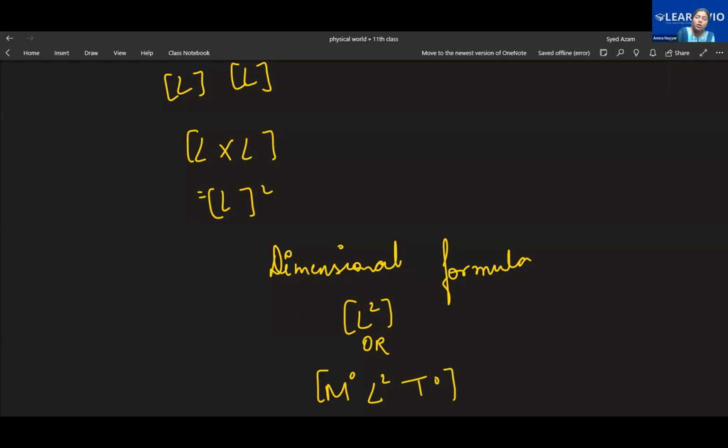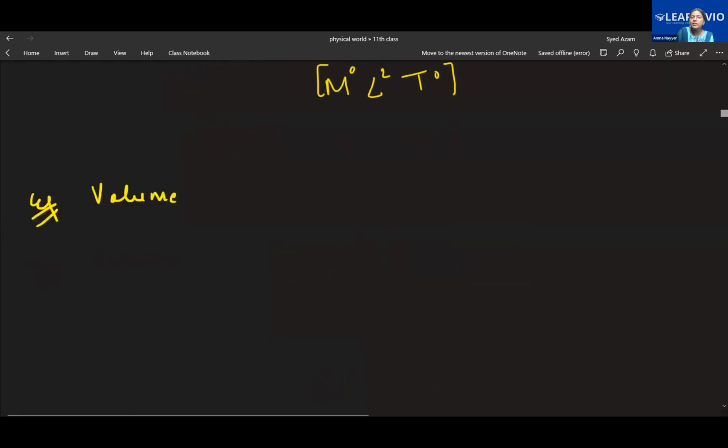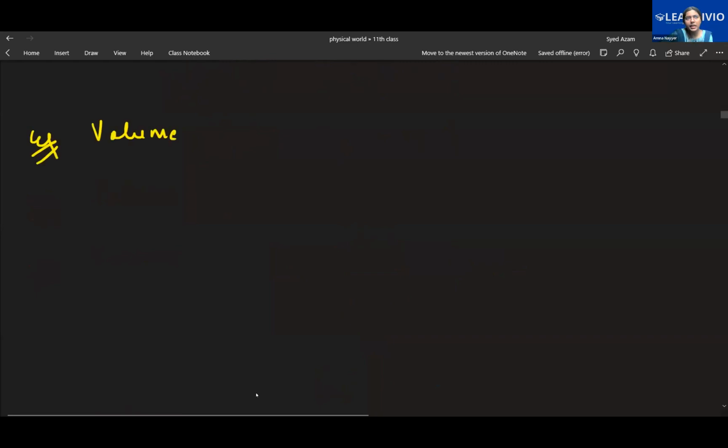Now look class, in your class 11, the questions that will come will be from the portions you are already familiar with. Like your questions from fluids will be there, your questions from gravitation will be there. These are chapters which are already present. But the problem is that right now you are not aware of all the entire chapters. You don't know any formula from any of the chapters.